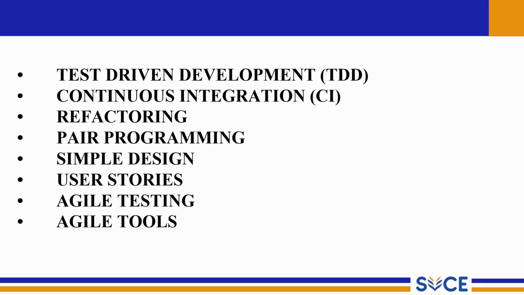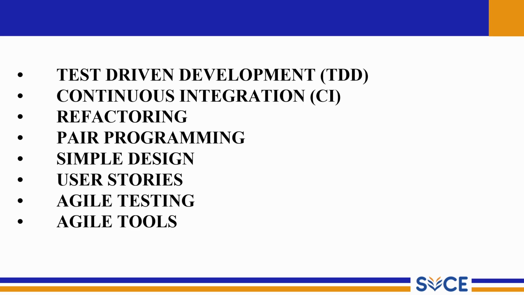And the next one is continuous integration. Continuous integration means developers frequently merge their code into a shared repository, often several times a day. Automated builds and tests run after each merge to catch integration issues early.